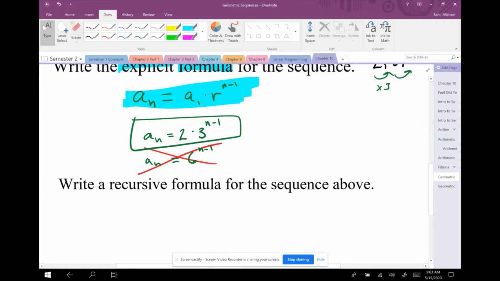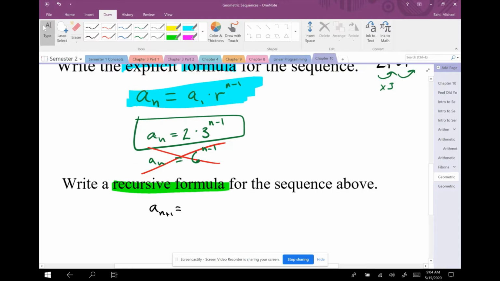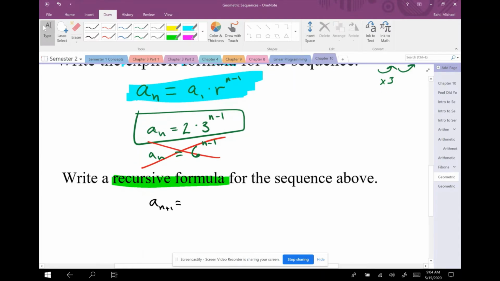Now let's write a recursive formula. The recursive formula is more so a formula to help you find what the next term would be. Now let me give you the general formula for writing recursive formulas for geometric sequences. To find the next term, you just take the one before it, which would be a sub n.